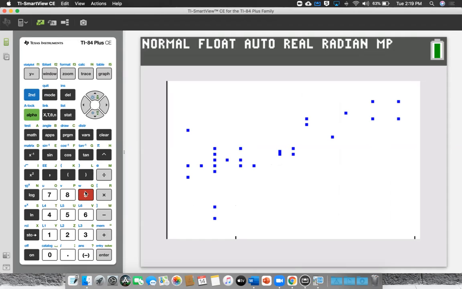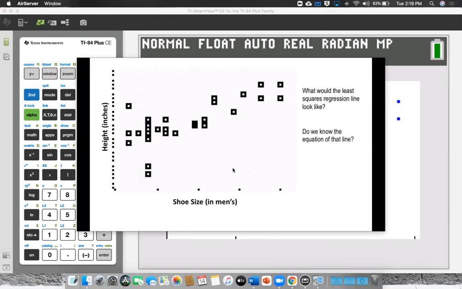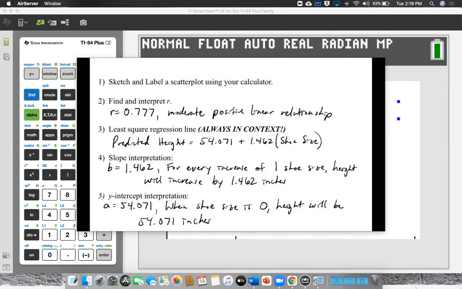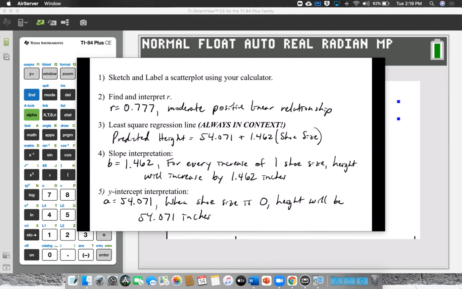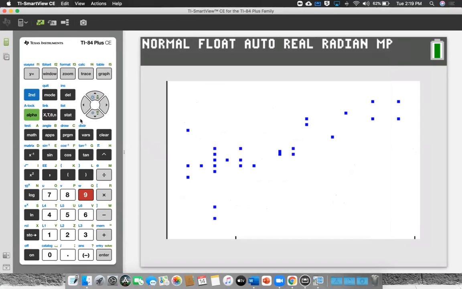So the line of best fit, we know what the line of best fit is. We just wrote down the equation here, right? So I'm going to show you how to show it on the calculator. Watch what I do, and then I'll let you do it.